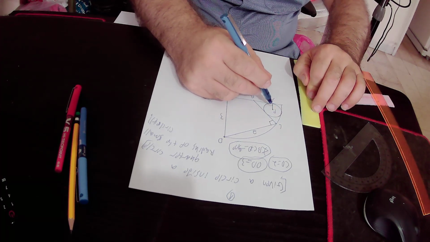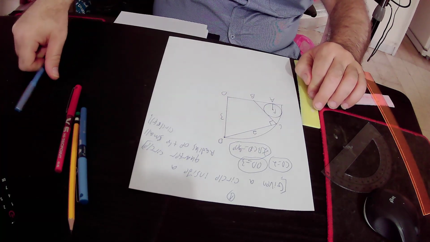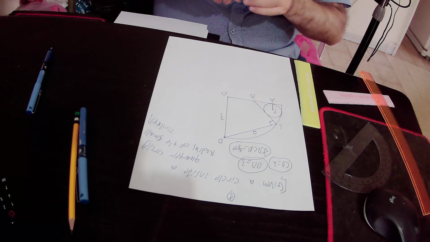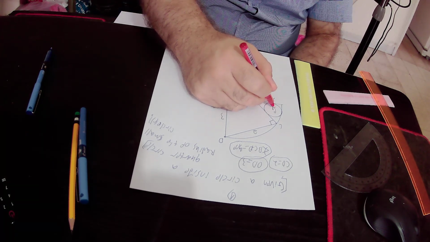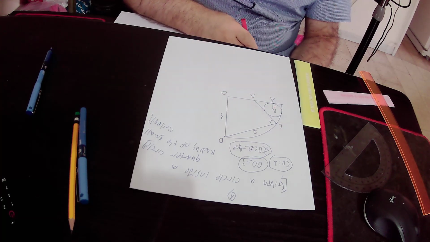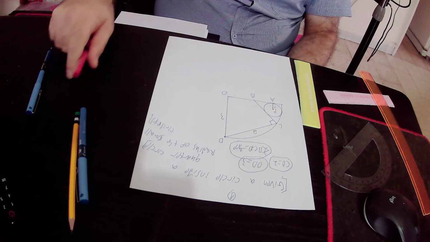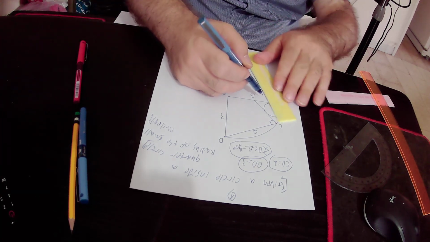Actually, AP is the radius of the small circle. I will mark it as small r, and we will also join together points P and B by a straight line.